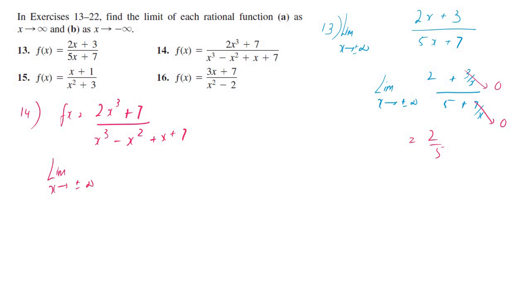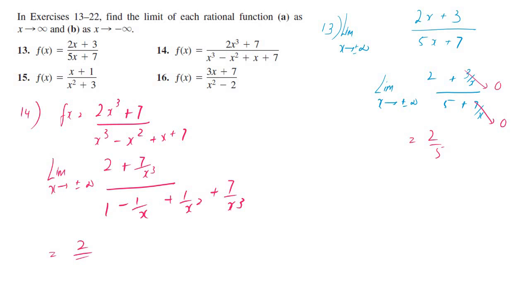We divide by x to the power 3. Then we have (2 plus 7 over x cubed) over (1 minus 1 over x plus 1 over x squared plus 7 over x cubed). As x tends to infinity, all these values tend to 0. So we only have a value 2. So the limit as x goes to positive or negative infinity is 2.